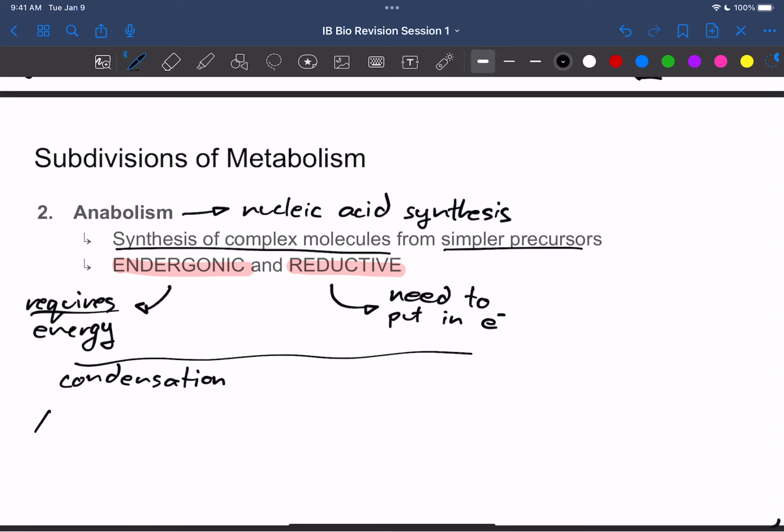So let's go back to those shapes. We're just going to draw the triangle and the square this time. And if you combine these together, well, what's going to happen? This OH and this other H, or it could be the other way around, is going to leave as water.